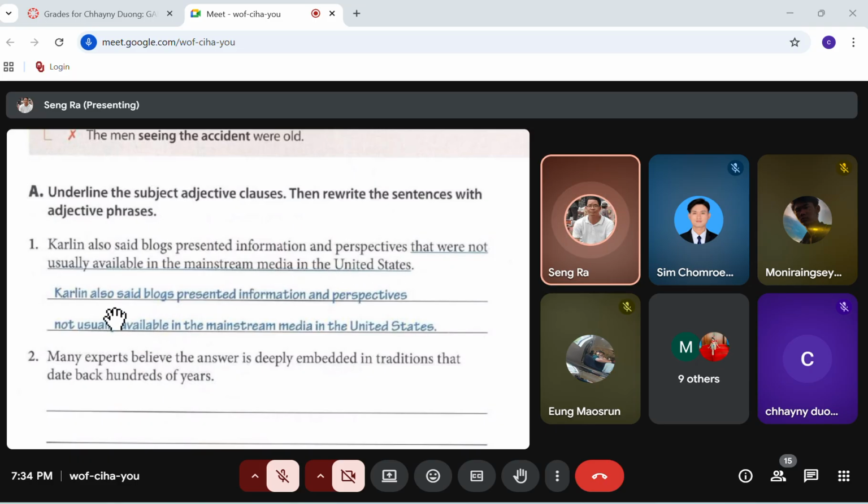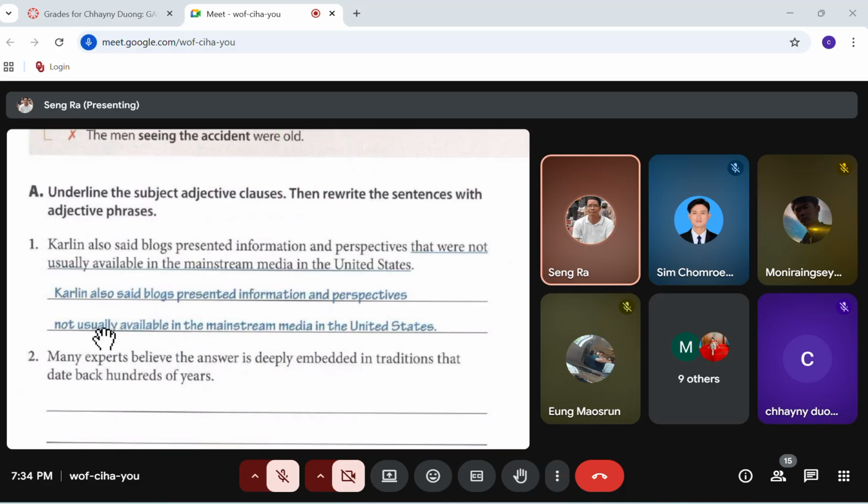So as a result, you can say, Kalin also said blogs presented information and perspectives not usually available in the mainstream media in the United States, because you used the verb to be.